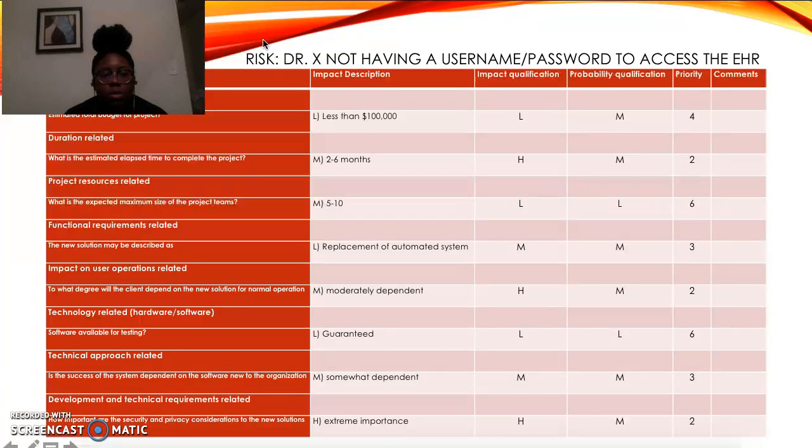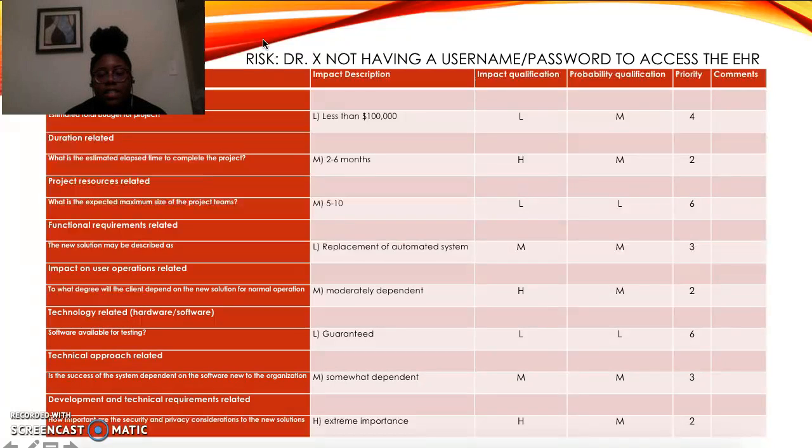So to go down to one that will be higher on the list of priorities would be how much time it would take to complete the project, and that would be 2 to 6 months. But if this risk was to happen, it'll affect a longer period of time, because it will be longer that Dr. X wouldn't have access to the patient record, so that will be a higher impact, and the probability of this happening would be medium, since he has to see those patients.